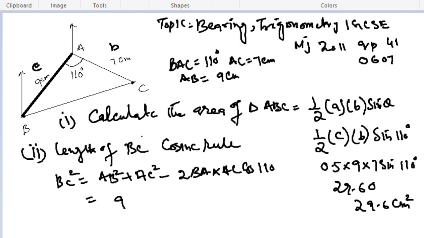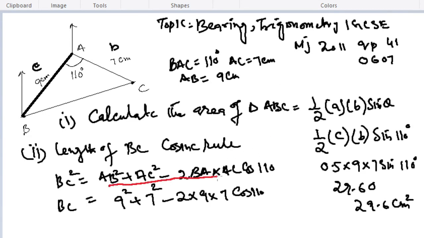It's 9 centimeters, so 9 square, and AC is 7 centimeters, 7 square, minus 2 into 9 into 7 into cos 110. I'm again telling you, please check your units in the calculator so that they are taken as degrees. For BC, I'm taking the square root on both sides.